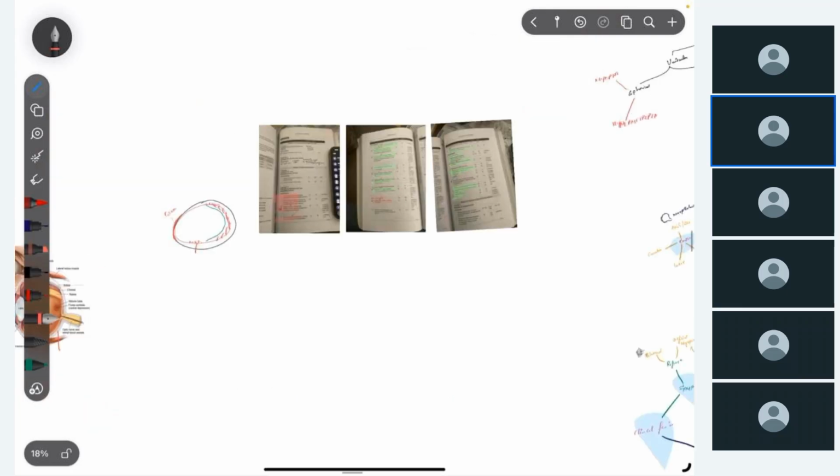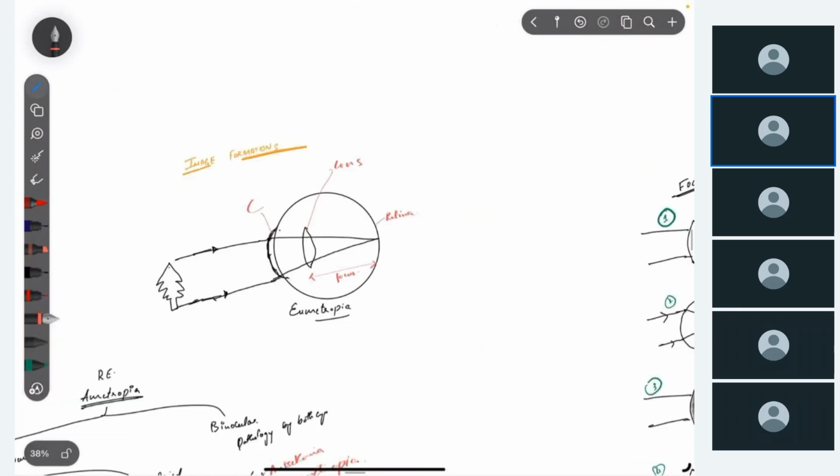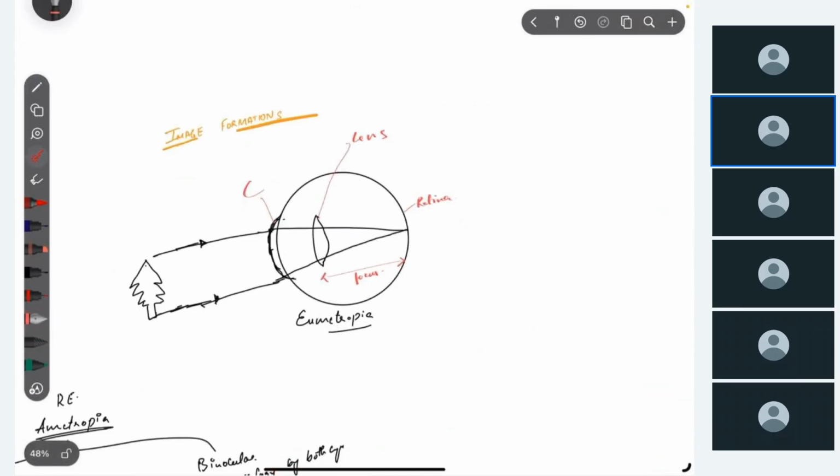Now for the refractive errors. Our eye is like a lens. Whenever light rays enter our eye, the eye has the power to converge those light rays on the retina. If the light rays are properly converged or focused on the retina, you get a clear image. Otherwise, you get a blurry image.